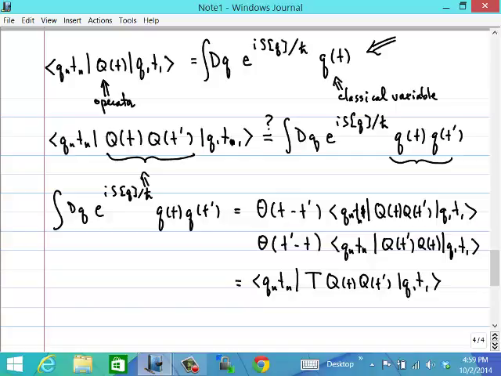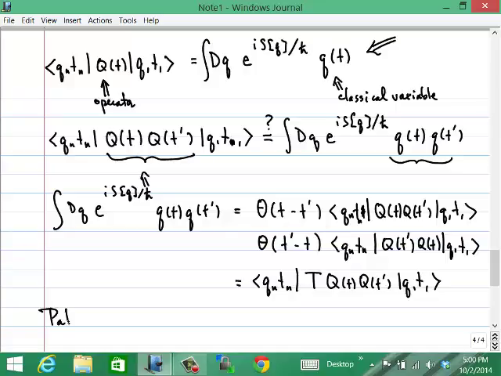And indeed, as we saw in our discussion of scattering amplitudes in quantum field theory, this is exactly what we need. We only need the time-ordered correlation functions. Any questions on that?